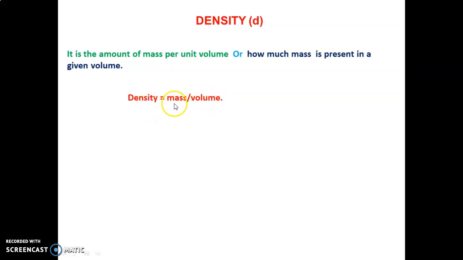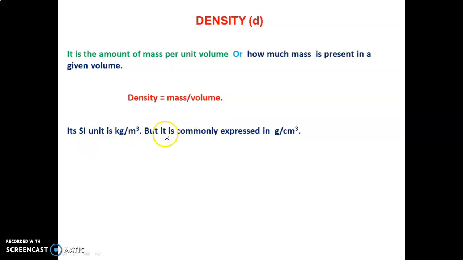When we use SI, density equals mass divided by volume, that is, total mass of the material divided by total volume of the material. The SI unit is kilogram per meter cube.